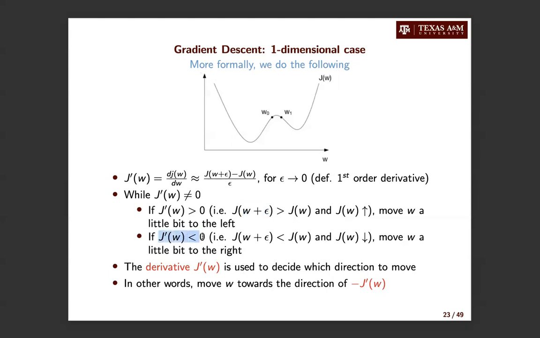However, if the gradient is negative, this means that J of W will actually decrease when we shift W slightly to the right side.